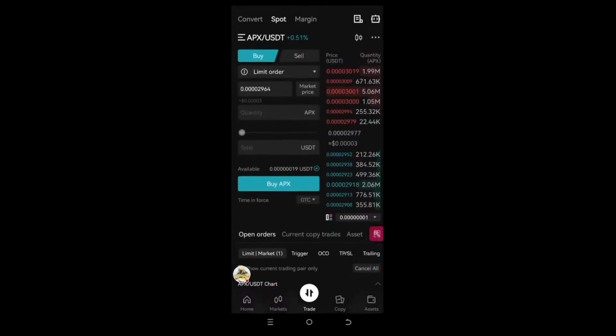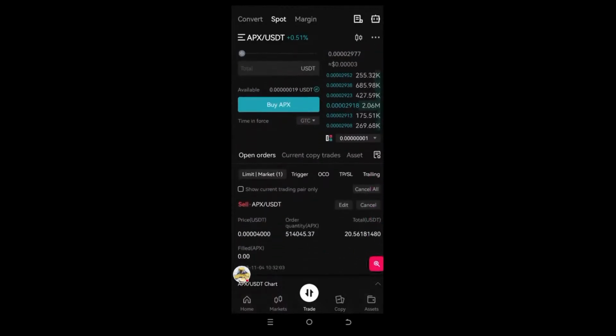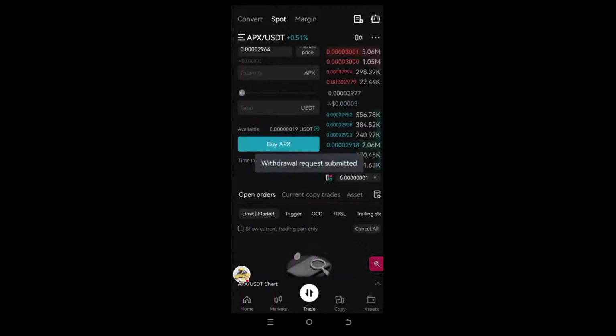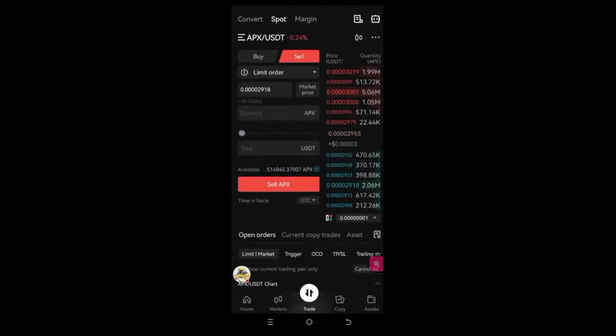Let me see if I cancel it. Let me show you what we might likely lose if I want to close it now. If we're not losing that much, I may just close it and move on, right? But see what's happening. We wanted it to close at that, so let me cancel it first of all and even show you what's going on here. So if I just want to sell, I tap the amount of money we have here. See, I'm going to lose. Can you see that?